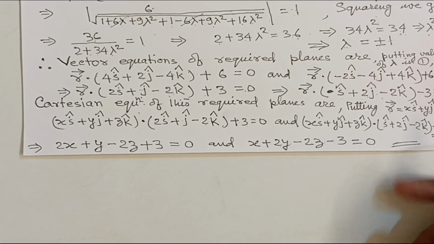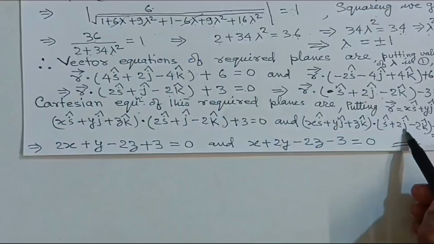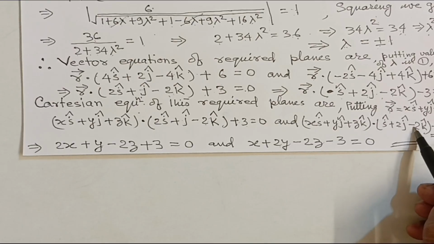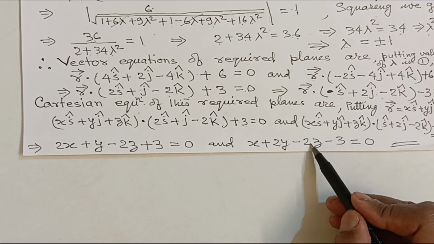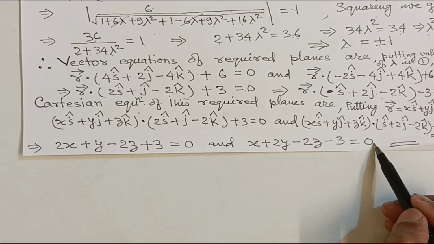Now k dot i 0, k dot j 0, k dot k 1, so 1 into minus 2 into z, minus 2z, minus 3 is equal to 0.